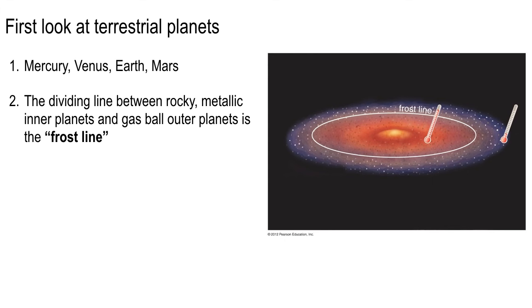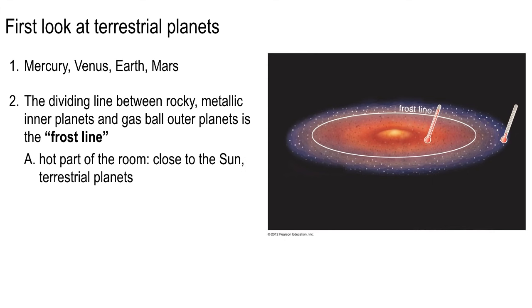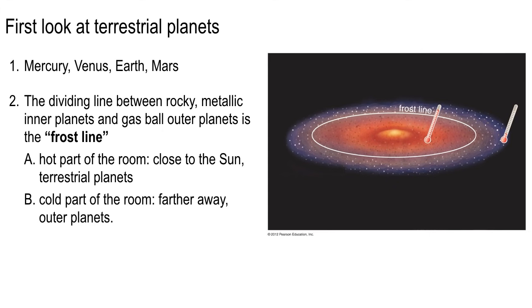And because it's close to the sun, right? And the cold part of the solar system is outside of this boundary line. We call it the frost line, although I've heard other terms for it.